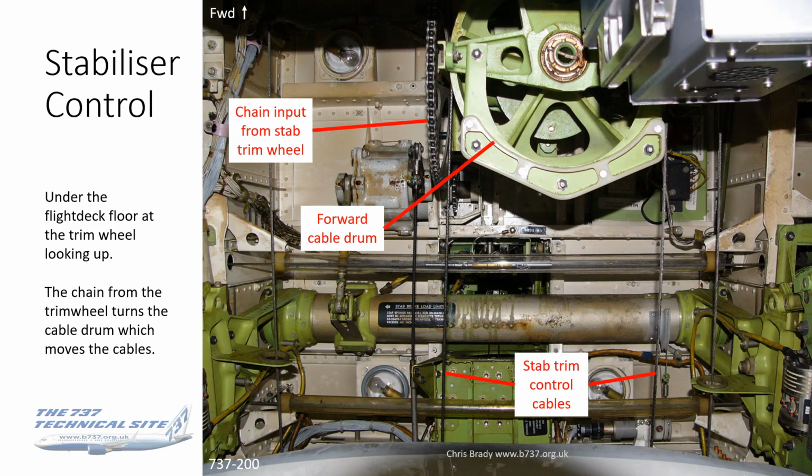And when you move the manual stab trim wheel, the chain turns and the forward cable drum rotates, and that moves the stab trim control cables, those two cables that I've labelled there down toward the bottom of the picture. So that's mechanically how it all works.